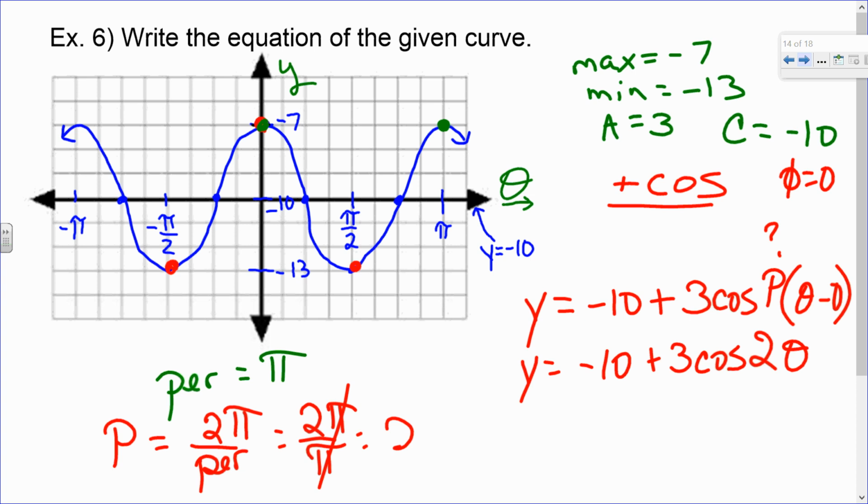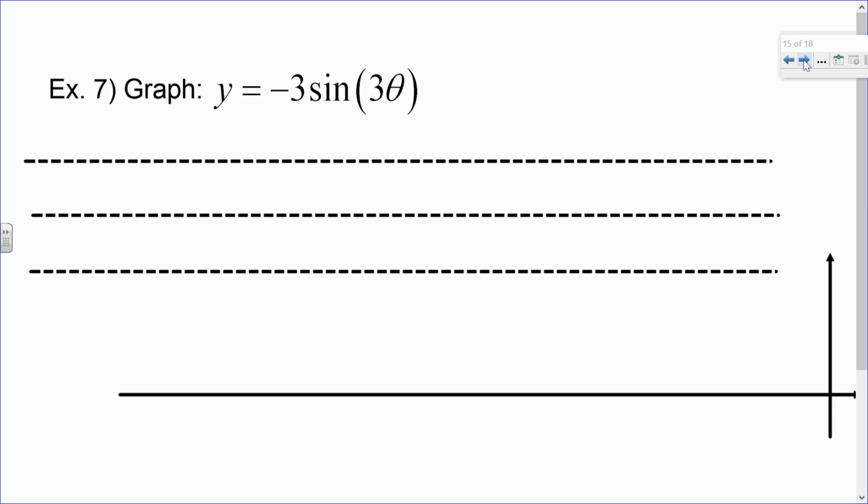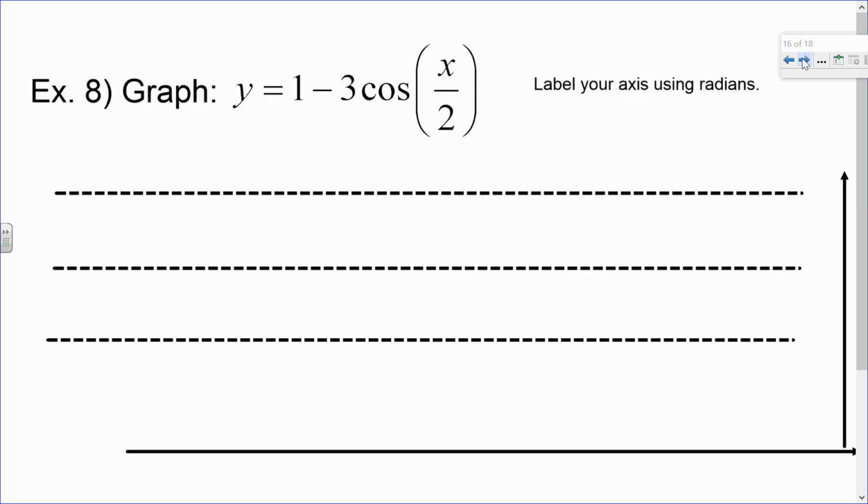That leaves graphing when we've had a period change. Okay, let's do just this one. I'm going to skip the other one in the interest of time since we're getting near the end of the period. So draw your 3 horizontal dotted lines with your straight edge.